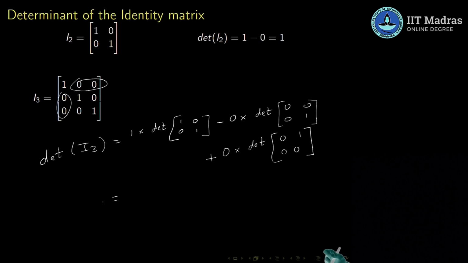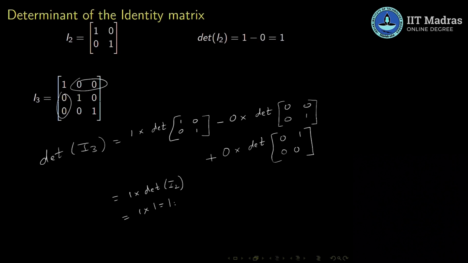As we noted, we do not really need to compute anything here because this is just 1 times the determinant of I2. The other two terms do not contribute anything because they are zeros, and the determinant of I2 we have computed upstairs, it is 1. So, this is 1 times 1, which is 1. Okay.